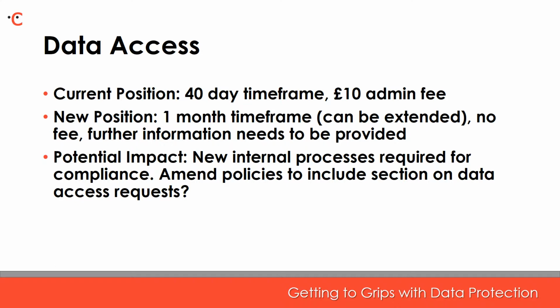In complying with the request, individuals will have the right to more information, such as details of the period of time for which the data is to be stored, information about the existence of the rights to erasure, to rectification, to restriction of processing, to object to the processing, and the right to complain to the ICO.